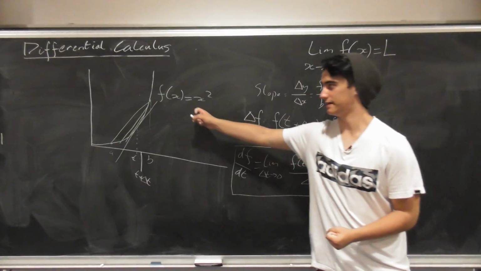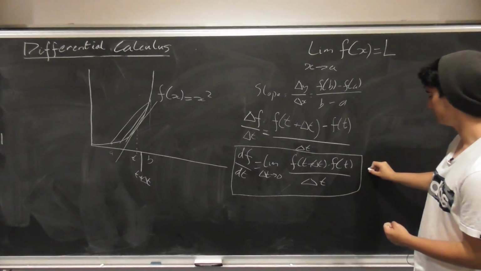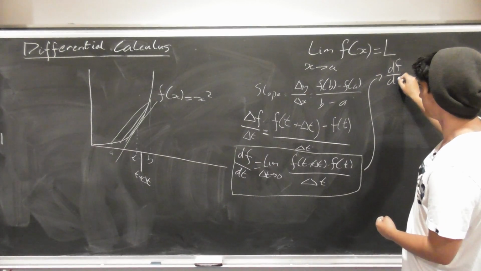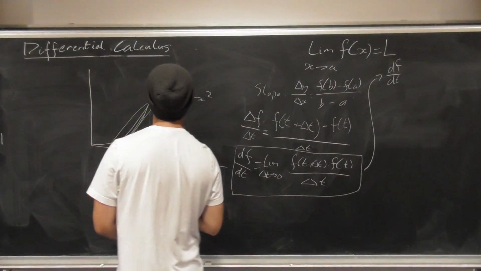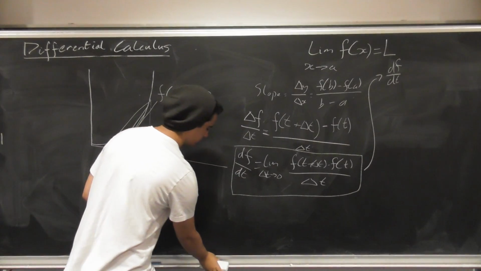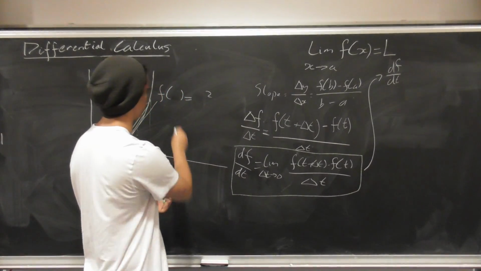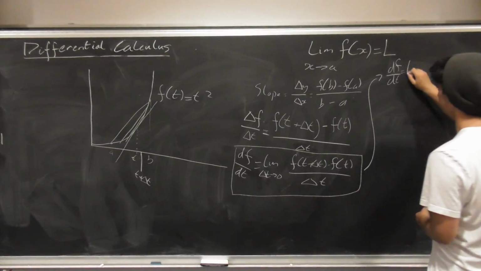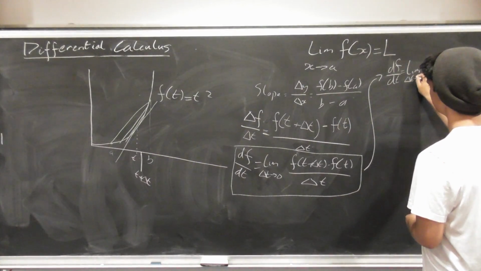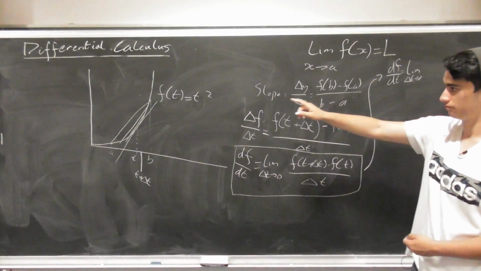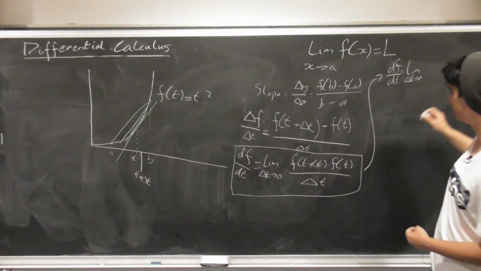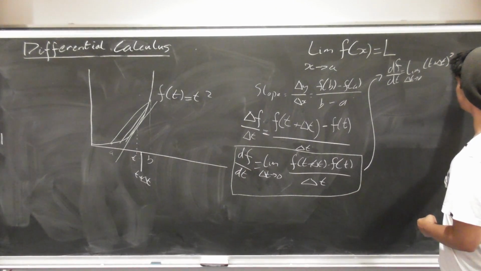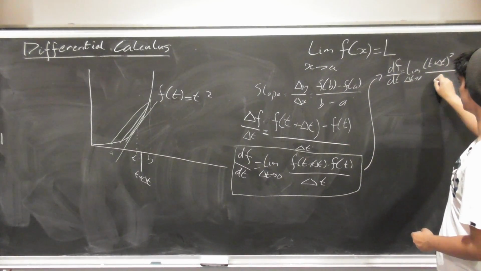So now if we were to take f of x and fit this in, say up here, we have df dt. Well, instead of calling it x, to keep things tidy, we can call this f of t. So from some general point t, we say this is the limit as delta t goes to 0 of, if f of t is t squared, we put t plus delta t in: t plus some delta t squared minus t squared over delta t.